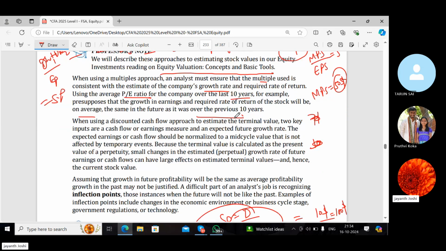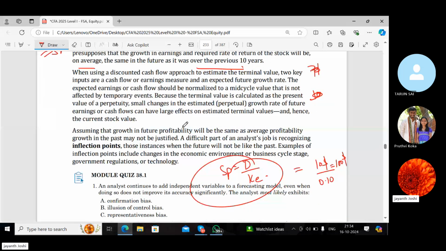Using the DCF technique, you can calculate the stock value. We have already discussed that. And the last point is assuming that the growth in future profitability will be the same as average profitability. Let's say the average profitability was 10% and you're expecting that same kind of growth. Growth in future profitability is different from the average profits.